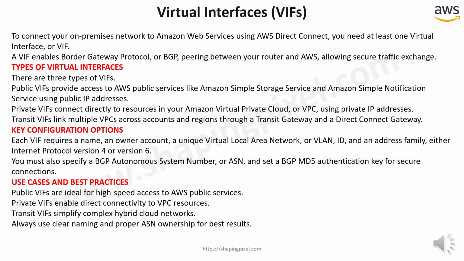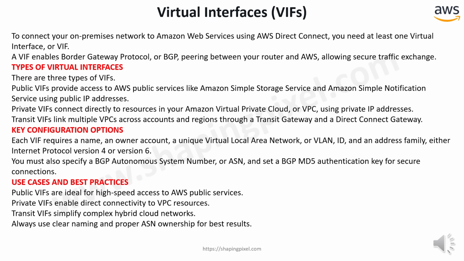Each VIF requires a name, an owner account, a unique virtual local area network, or VLAN ID, and an address family, either Internet Protocol version 4 or version 6. You must also specify a BGP Autonomous System Number, or ASN, and set a BGP MD5 authentication key for secure connections.